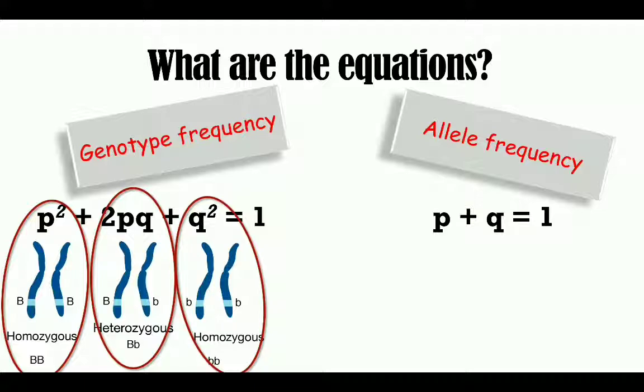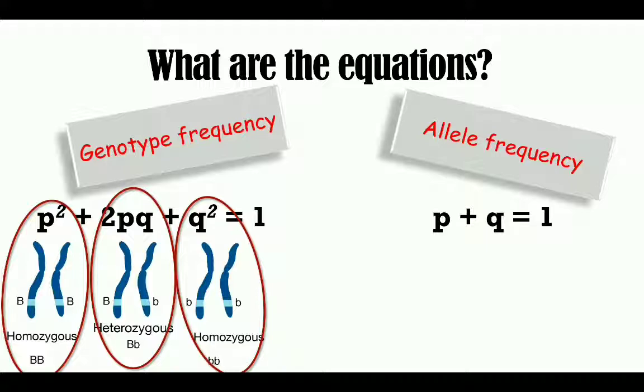Remember, you're always looking at two alleles here. So p squared, you're looking at both of the dominant alleles, so you'll have two dominant alleles, one from your mother, one from your father. When you're looking at the heterozygous, you've got a dominant and you've got a recessive. And when you've got your recessive, you have two recessive alleles.